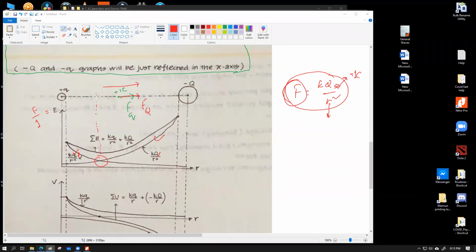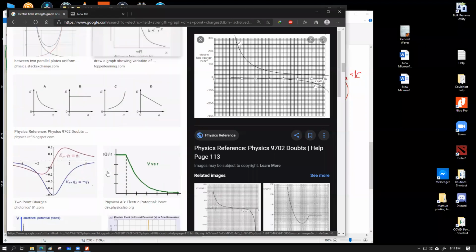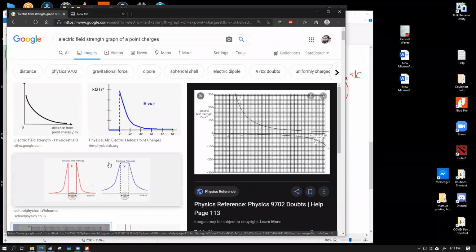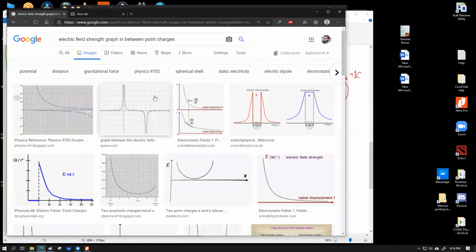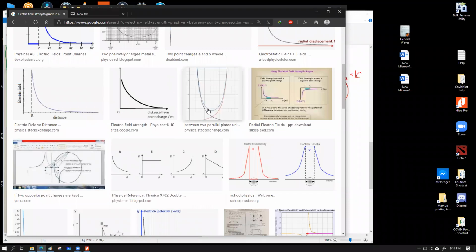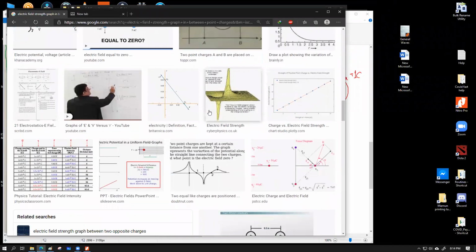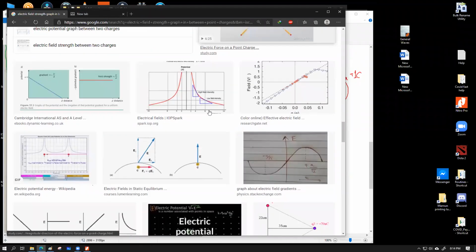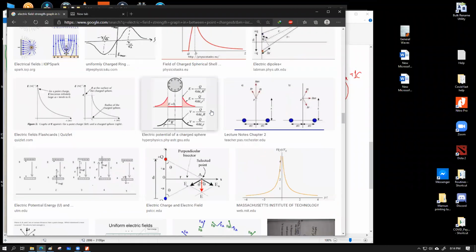Come on. I really do not want to plot this on Desmos.